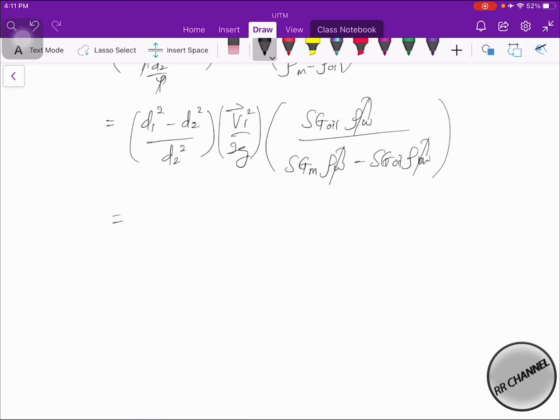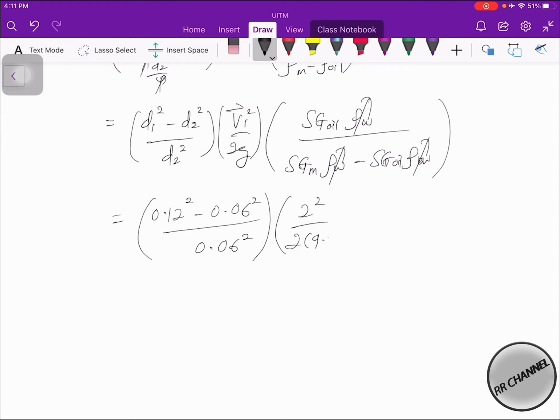D1, diameter 1, is 120 millimeter, convert into meter, it becomes 0.12 square, then D2 is 0.06 meter, square, over 0.06 square. Then multiply with our inlet velocity V1, which is 2 square over 2g, and then our SG oil is 0.85 over 13.6 minus 0.85.